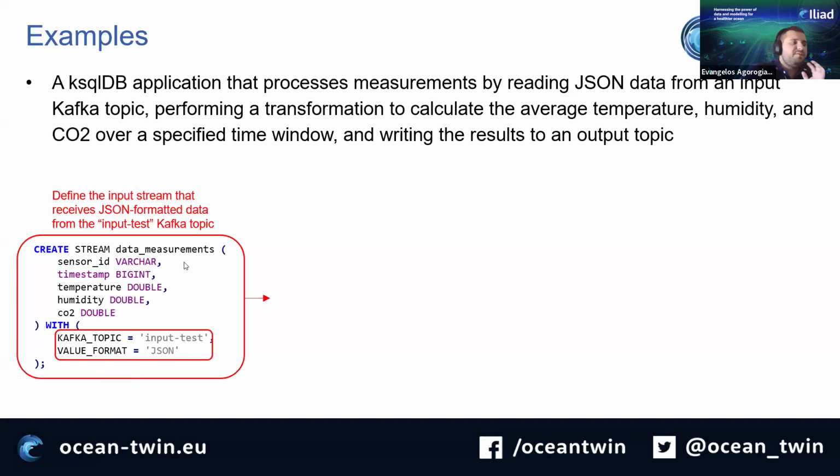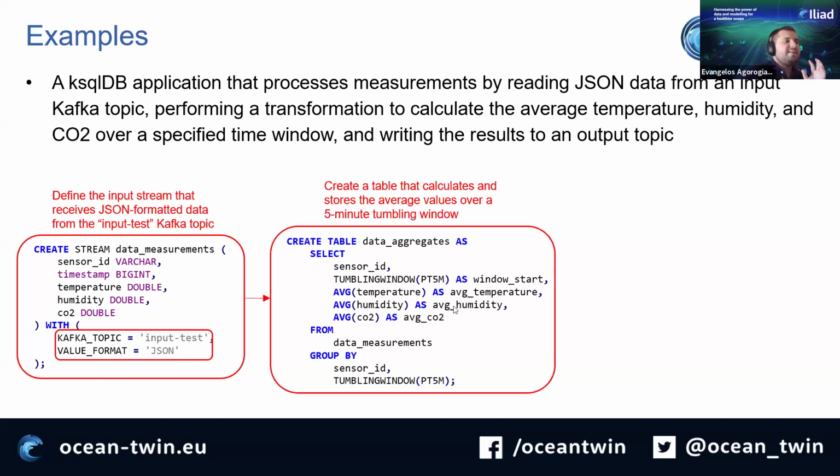Then, now that we have defined the input, we go to the data aggregation part. Here we're creating a table that calculates average values for a 5-minute sampling window for the measurements that are gathered.